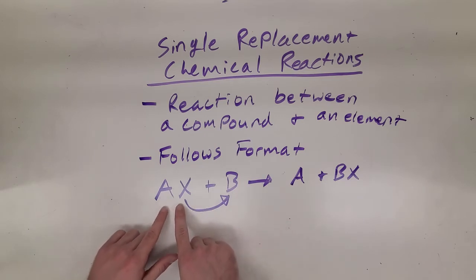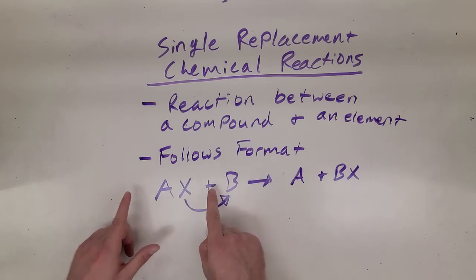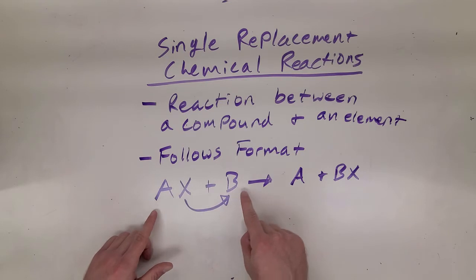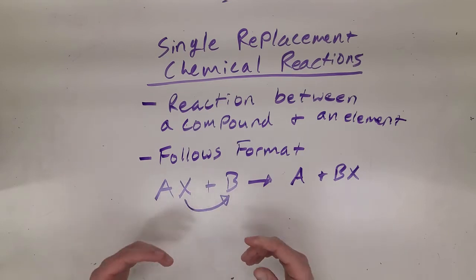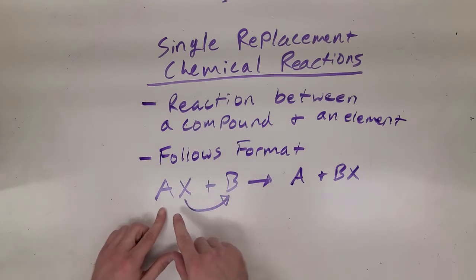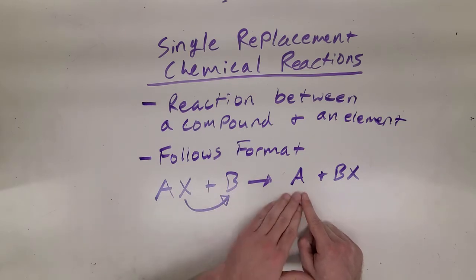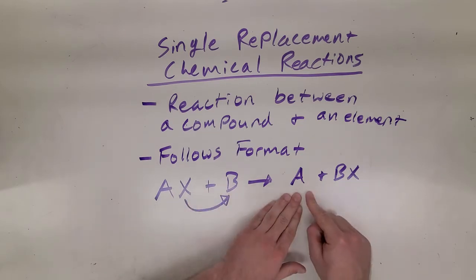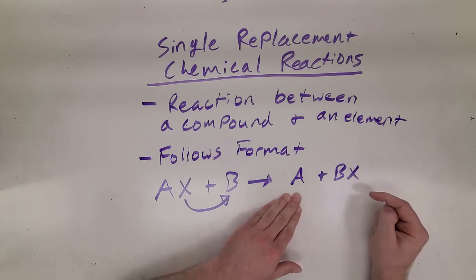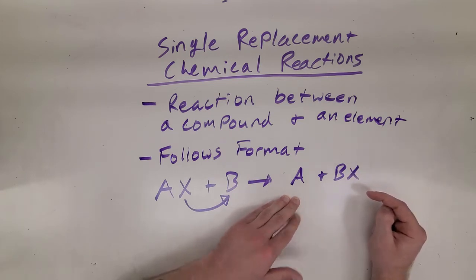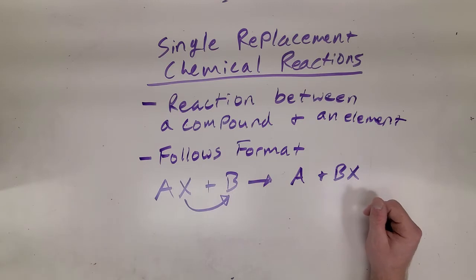One of these elements is going to leave each other to bond with this element here when it undergoes that chemical reaction. In this case, A would be left alone, and X would leave A in order to bond with B as a part of this chemical reaction. Let's go ahead and take a look at a few examples.